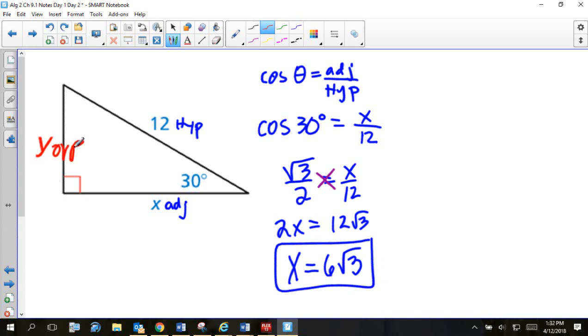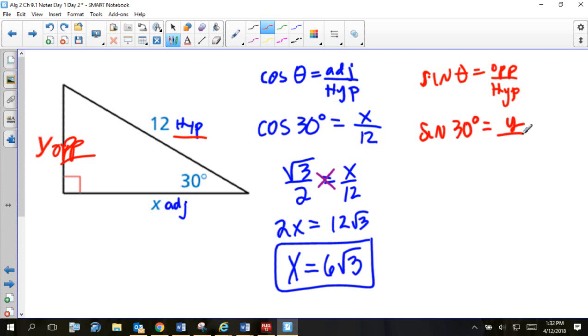Sine is the opposite. We're using opposite with hypotenuse. I just said what I didn't mean to say. Y is the opposite. We're using opposite over hypotenuse. That is the sine of theta. So we do sine of 30 degrees equals y over 12.